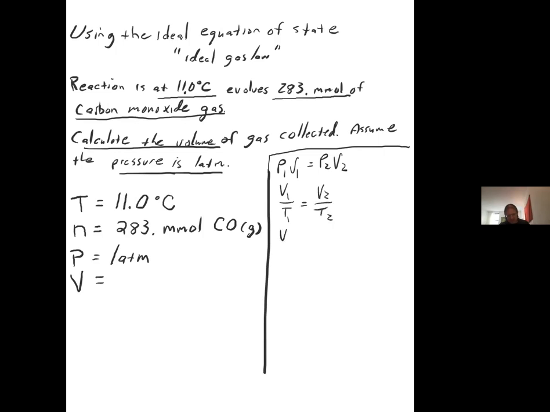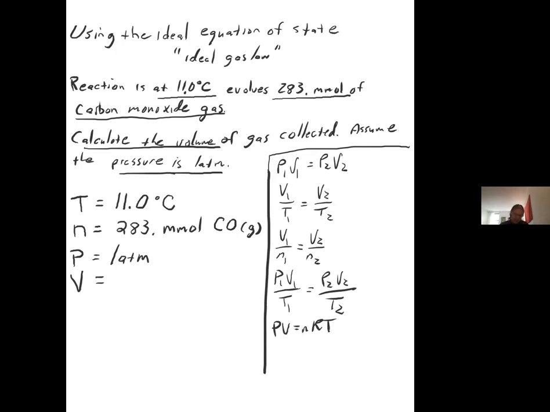We have V1 over n1 equals V2 over n2. We had P1 V1 over T1 equals P2 V2 over T2. That's the combined gas law, right? We've got Boyle's, Charles's, Avogadro's, which I noticed, just thinking about it, those are the first three letters of the alphabet. But then we've also got this one, PV equals nRT.